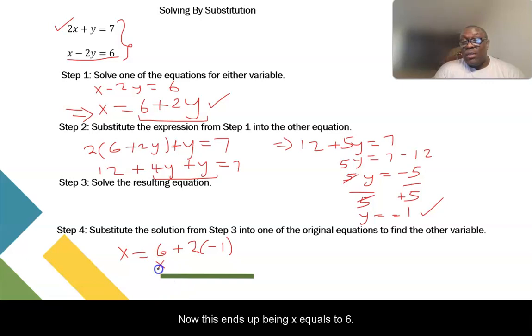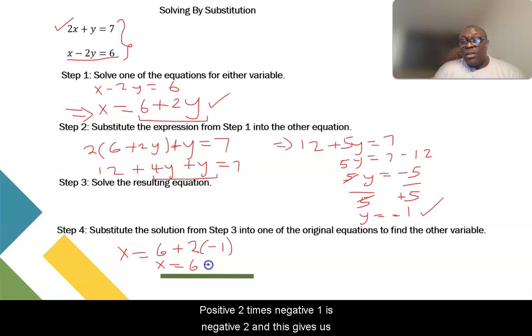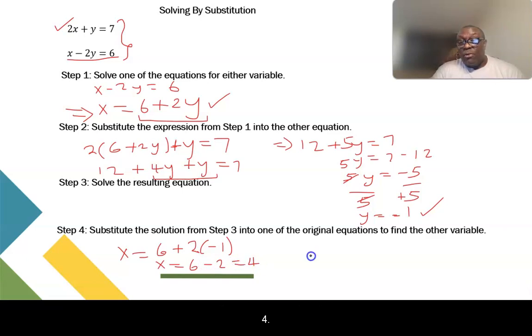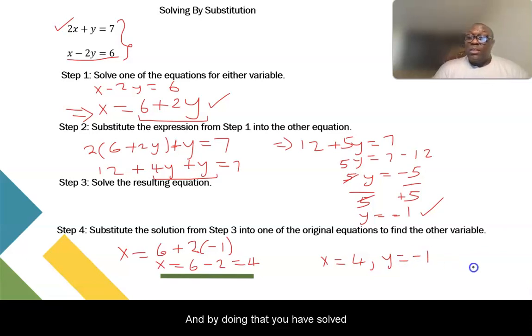Now this ends up being x equals 6 plus 2 times negative 1, which is negative 2, and this gives us 4. Therefore, x equals 4 and y equals negative 1. And by doing that, you have solved that particular problem by substitution.